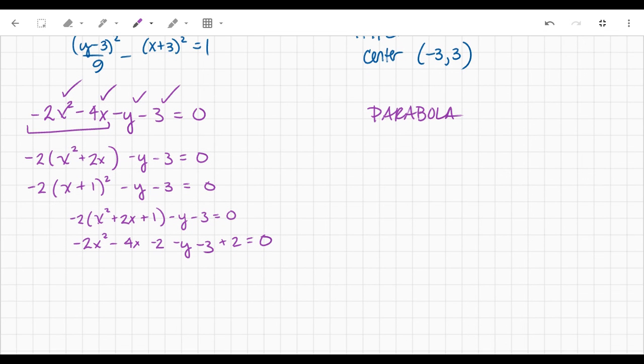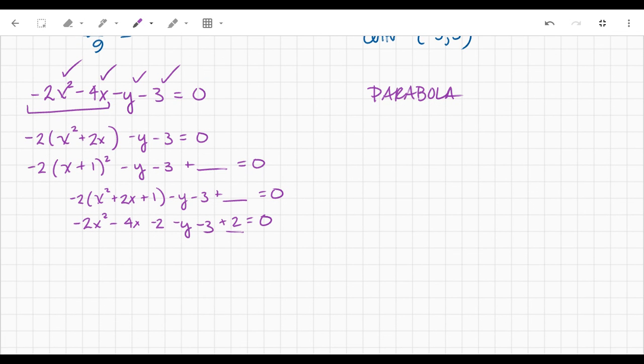I should have left my blank in there. I'm going to fix this a little bit. When I completed the square, I knew I added something extra in, and the extra thing I added in was a -2, so I need to balance that with a +2. So this should be 2, this should be 2.